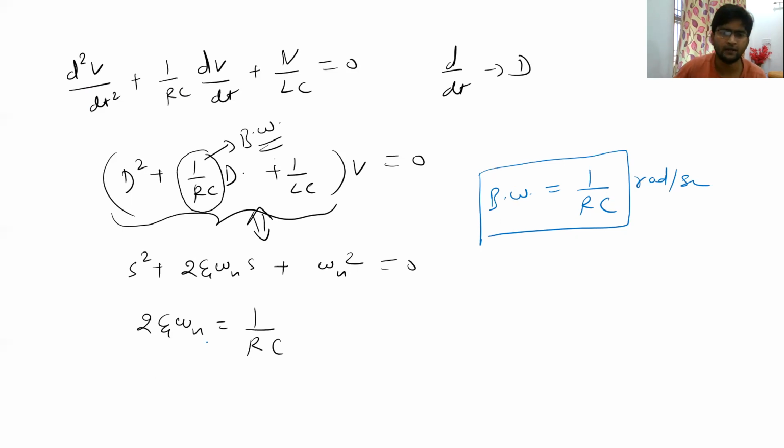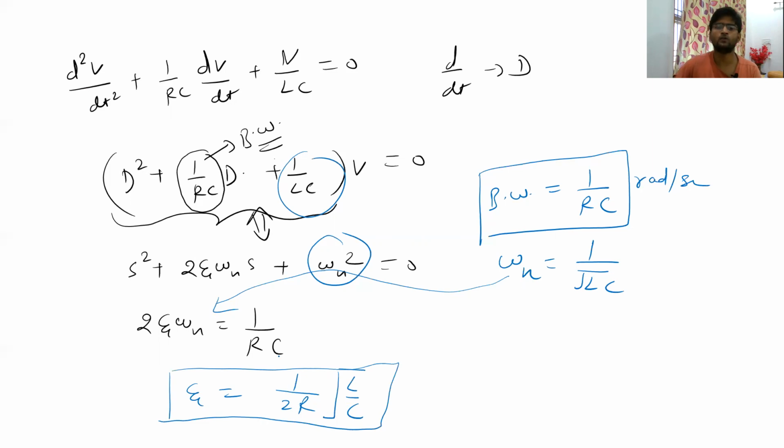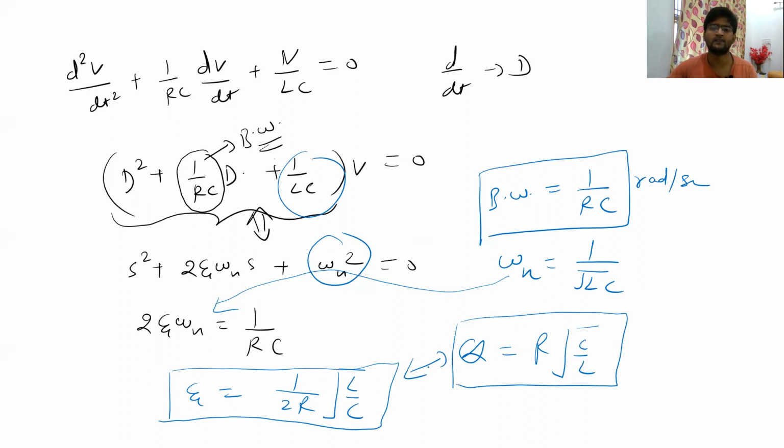Moving on, from seeing this and this, obviously our natural frequency omega n is going to be 1 upon under root LC. And if you put this omega n here, you will get your zeta to be 1 upon 2R under root L by C. Remember, you already calculated your value of Q for case 1 RLC circuit, and it came out to be R under root C by L. So what kind of relationship do you find between this and this?